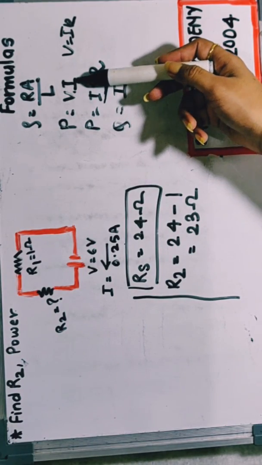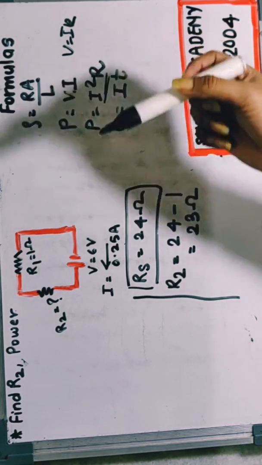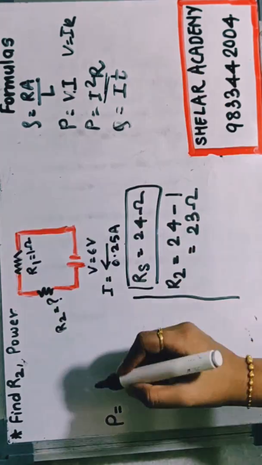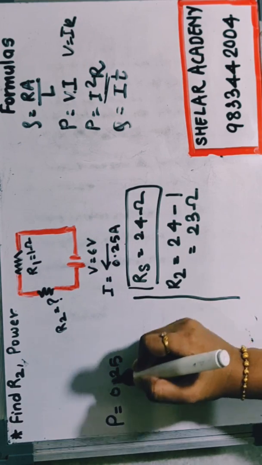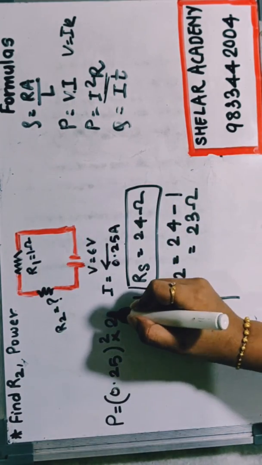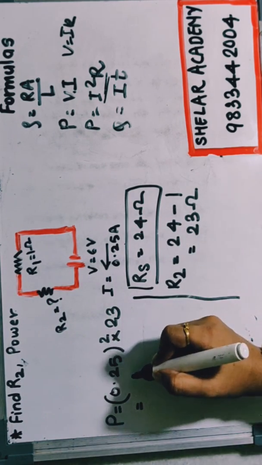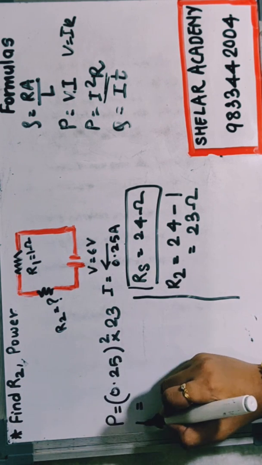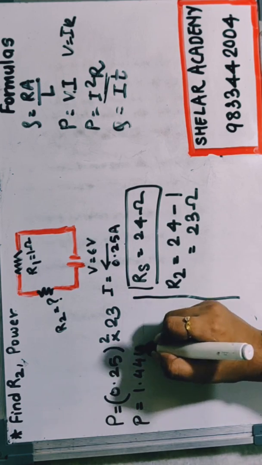Power is equal to V into I, and power is equal to I square into R. So we are using this formula here, 0.25 square into R, 23. 0.25 square into 23, if we find it out, it becomes 1.44 watt.